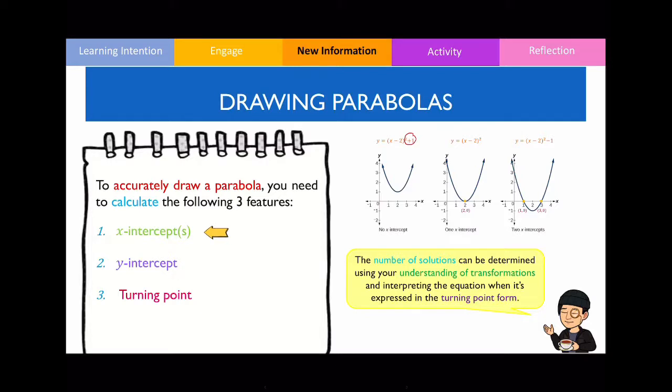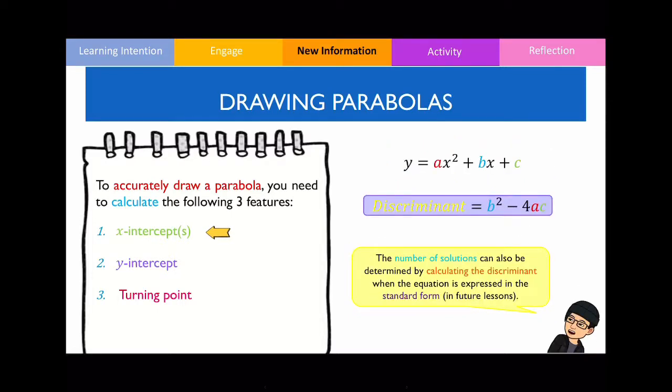If your k value is equal to 0, that just means there is no vertical translation, it's just moving left to right. So the parabola is only just touching the x-axis once, so only one x-intercept. And if you've got a negative value, because it's shifted down, you would technically have 2 x-intercepts as a result.